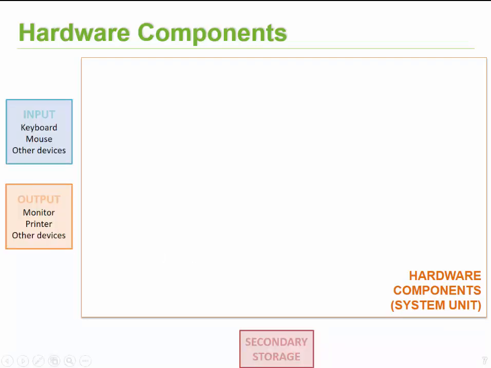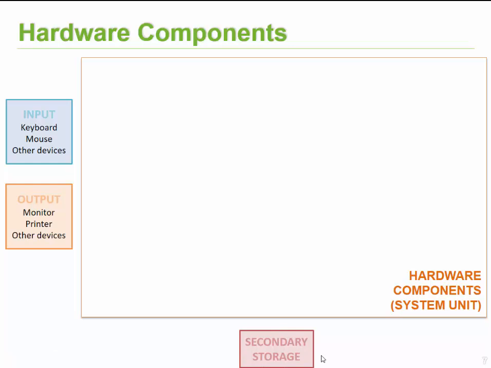So the first things we have are input devices, typically in the form of a keyboard, a mouse, and any other peripheral devices. We've got output devices, again in the form of monitors, printers, and other devices such as speakers, earphones, etc. And then you might have external secondary storage, which nowadays we find are external hard disks.